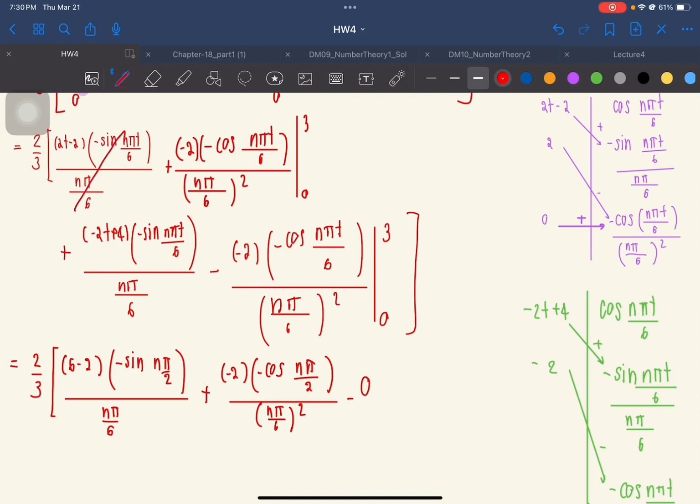This is 0. And for cos 0 is equal to 1. Minus. Oh, sorry, it's 1, right?